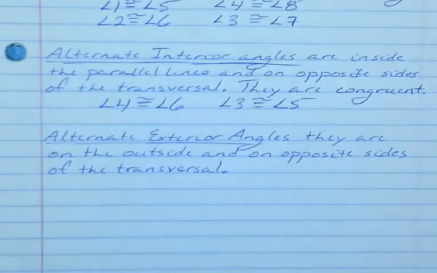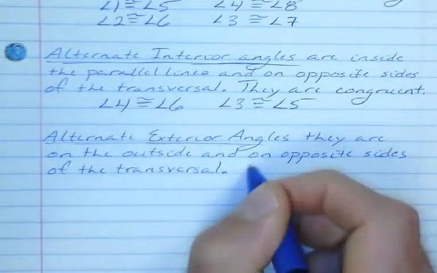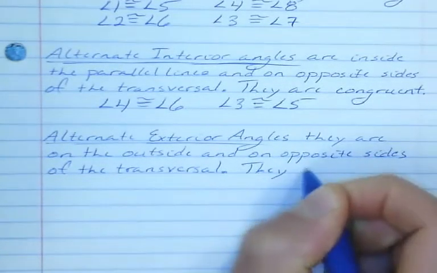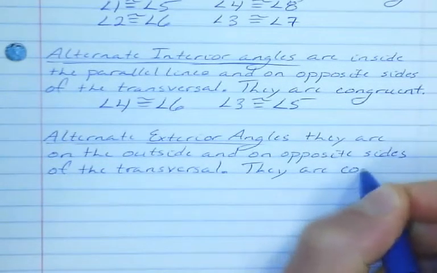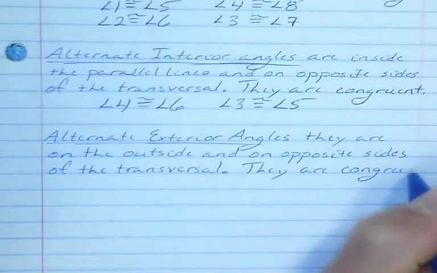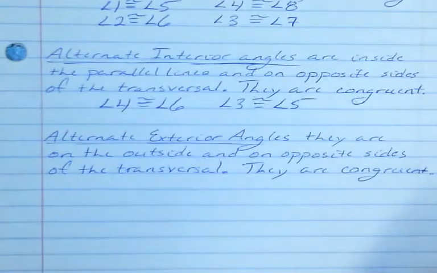So alternate exterior angles: they're on the outside of the parallel lines, they're on opposite sides of the transversal, and they are congruent. So they're equal.